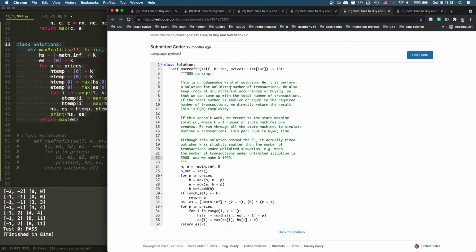Oh, unlimited transactions. So we do unlimited transactions, and then each time we add H, a holding state, a different holding state. The number is smaller equal to the required. Now we do our return. If this doesn't work, then we go state machine. Look at the state machine.